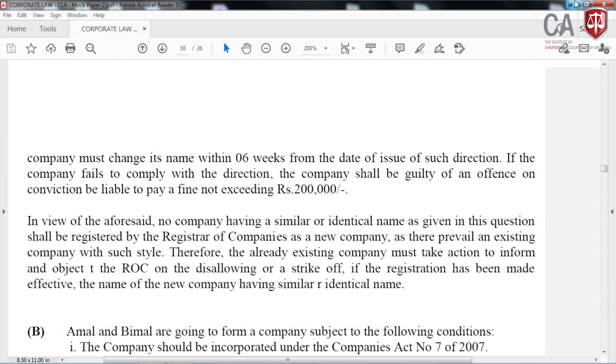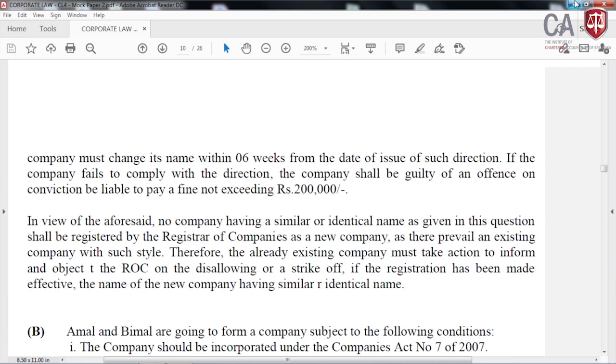If that second company seeks to retain its application with the ROC, it must change the name within 6 weeks from the date that the ROC has informed that second company that they cannot have this name, from the date of issue of such direction.